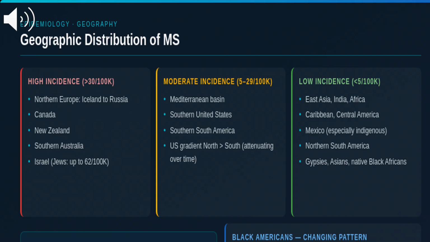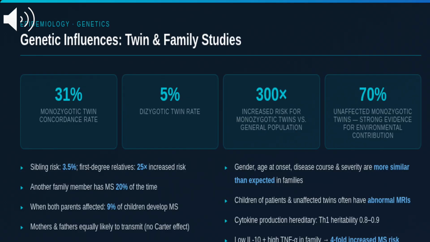The main driver was a dramatically higher rate in black women. This reversal suggests that environmental factors, potentially obesity, vitamin D deficiency, and EBV exposure patterns, can overcome ancestral genetic protective factors when sufficiently powerful.